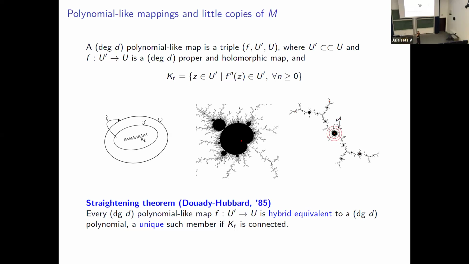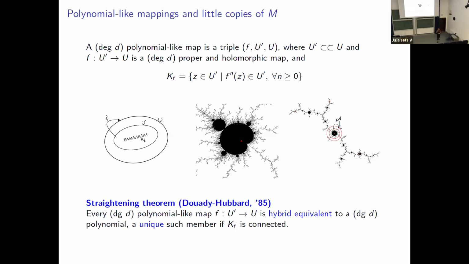And if we take a neighborhood of this component here, remember outside we have the basin of attraction of infinity. So after the fourth iterate, it comes back, but a little bit bigger. And this degree 2 to the 4 polynomial, because it's the fourth iterate of a degree 2 polynomial, has a degree 2 polynomial-like restriction here.